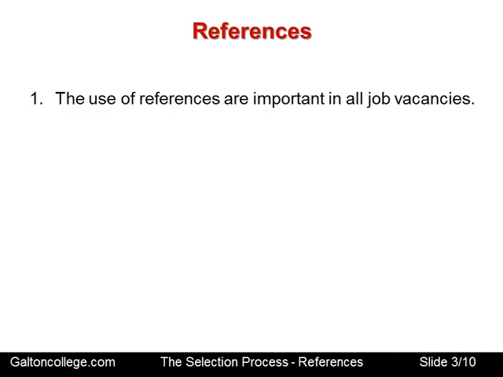Because there is a temptation, perhaps, on the part of some candidates to exaggerate their abilities in their application forms. So to get a balanced view, we ask someone who knows the person. And this helps the employer make a more balanced and reasonable decision about employing that person or not.